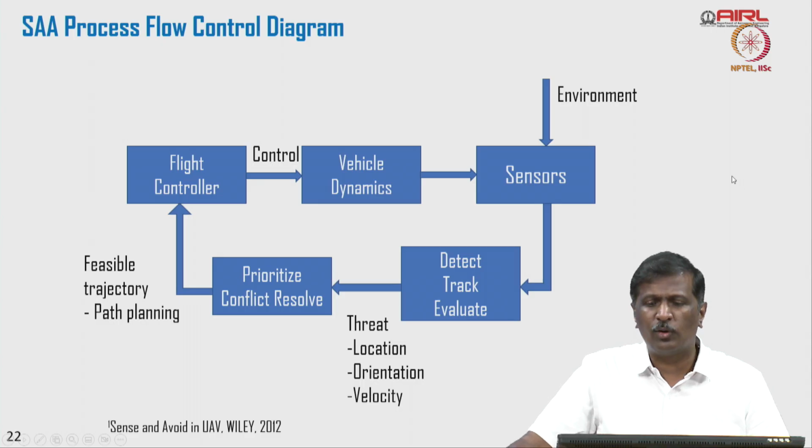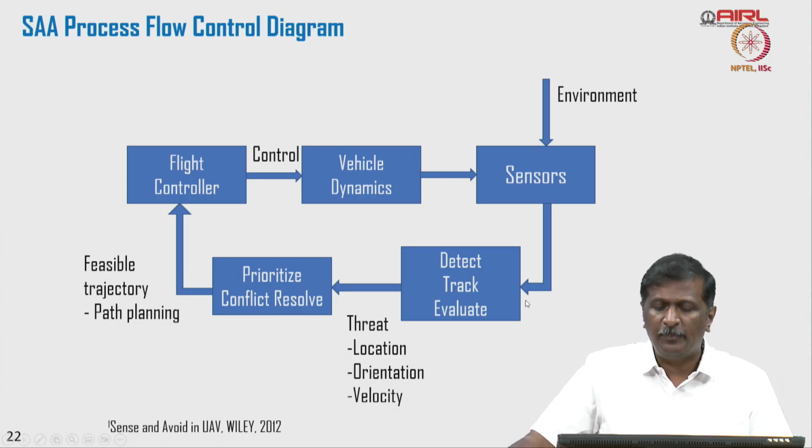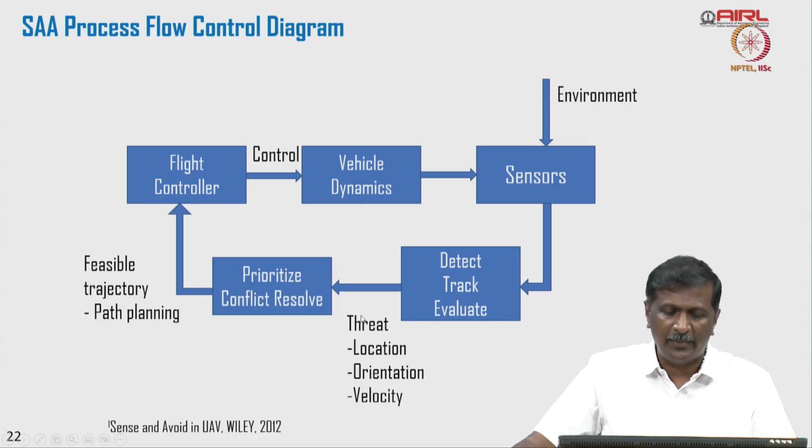What is the typical flow that I will be looking at? I have an environment, I have sensors looking at the environment, and they send the measurements to my computer, where I try to detect by fusion so that I can do detection reliably. I can track them, and I can evaluate whether they are a potential threat or not. The moment I define something as a threat, what information am I looking for?